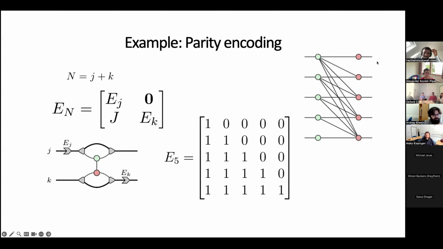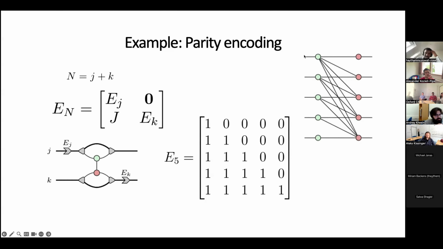It's a bit more involved if you look at this ZX diagram than the Jordan-Wigner encoding. This is its matrix. It's got ones on and below the diagonal and zeros everywhere else. So what you can see is that if you apply this matrix arrow to some qubits, each wire will end up storing the parity of itself and its previous wires.